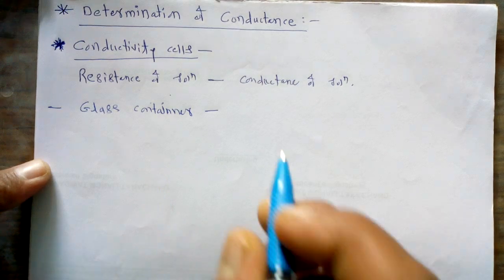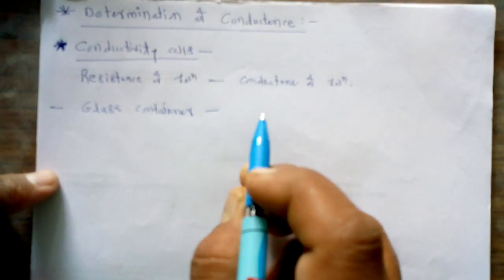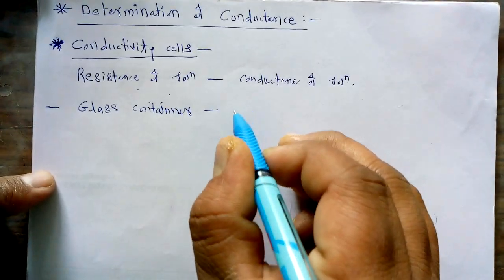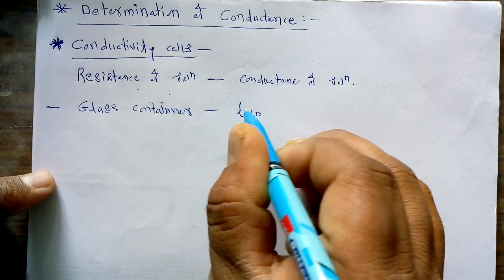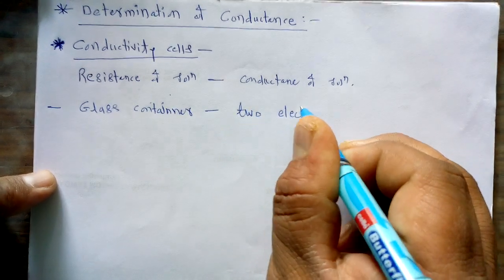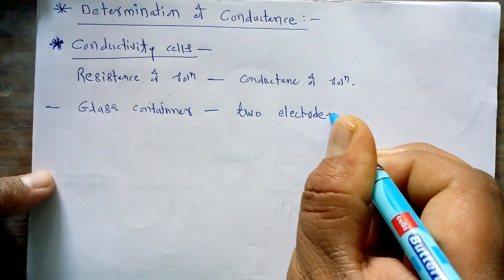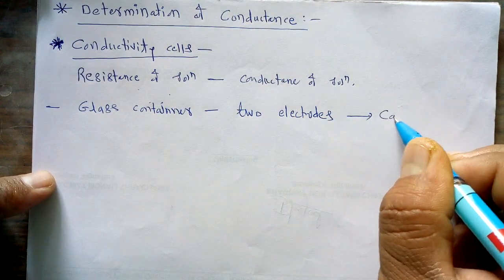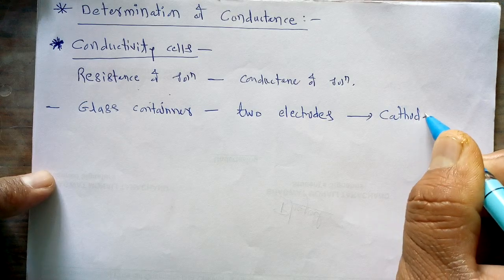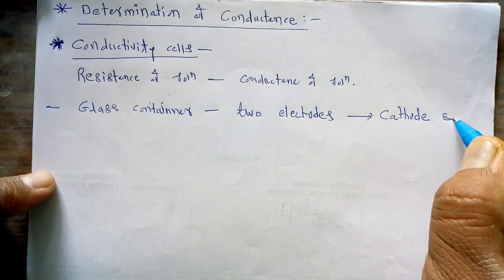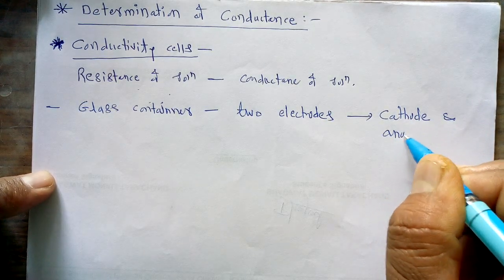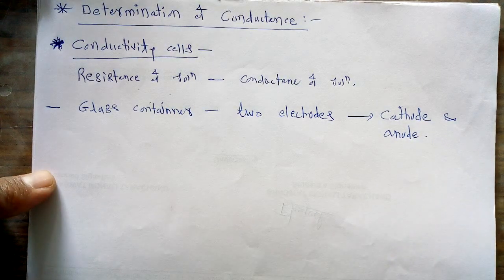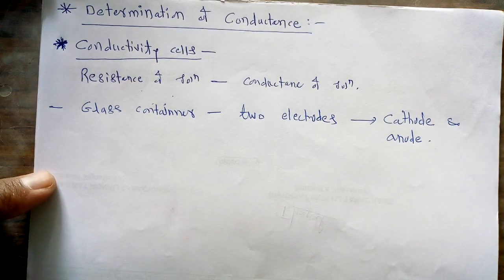In this glass container we have to take two electrodes, one acting as the cathode and the second as the anode. So these two electrodes we have to take in this glass container.